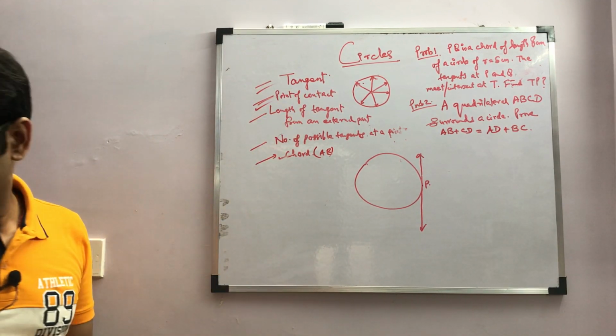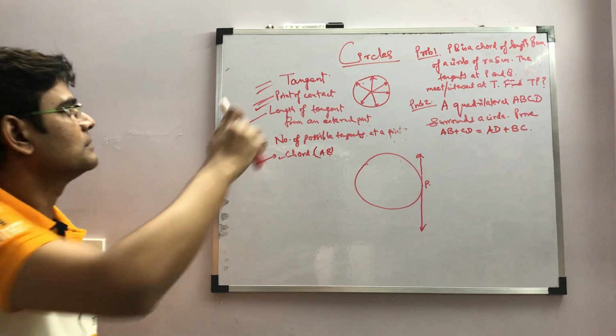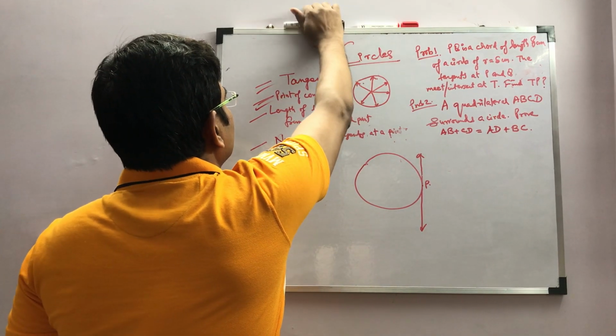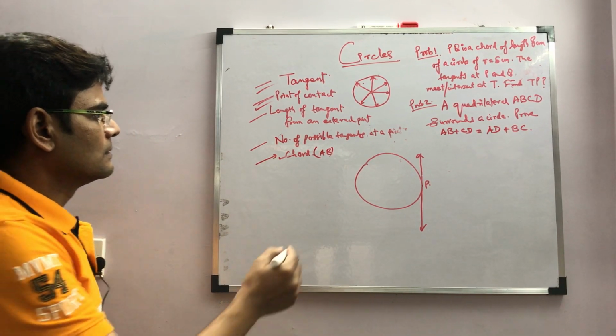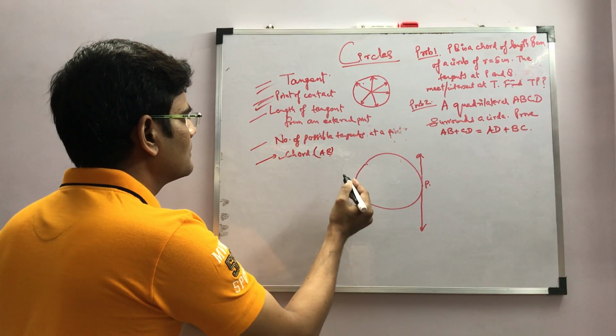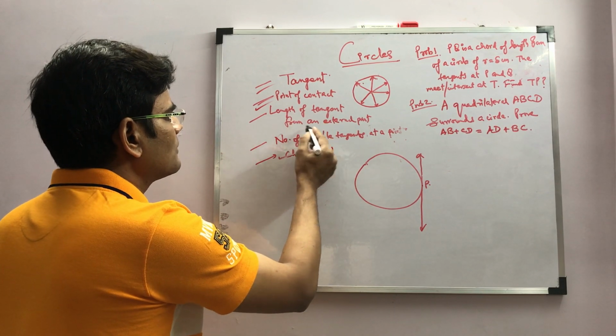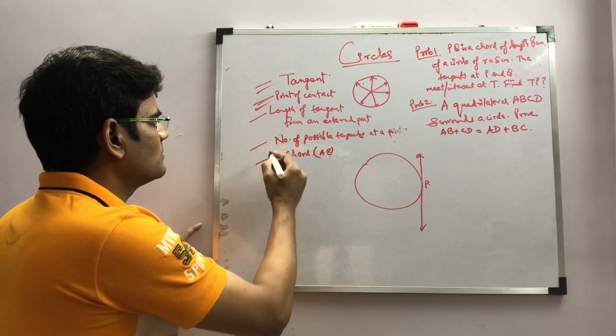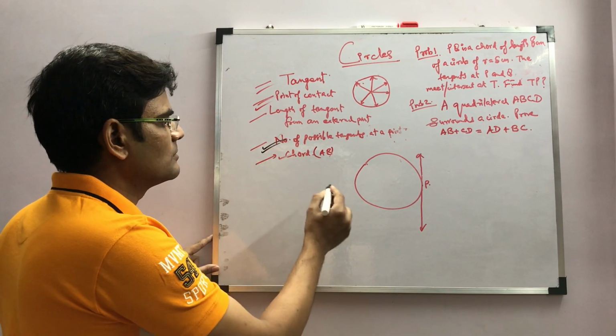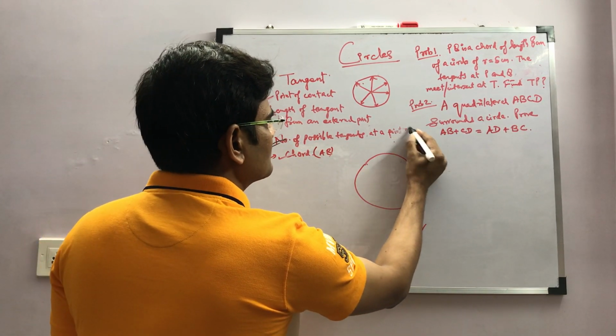Now, let me use a black marker because this is something important. So, length of a tangent from an external point. The number of possible tangents we also covered, right? The number of possible tangents is infinite.